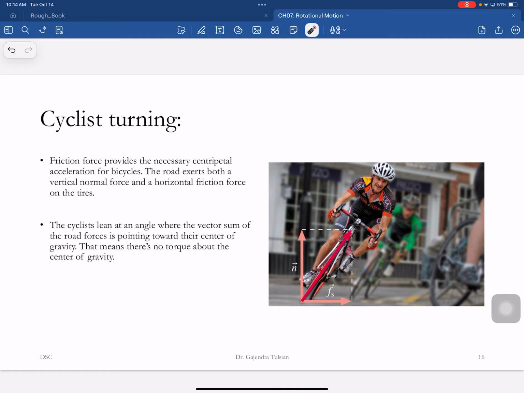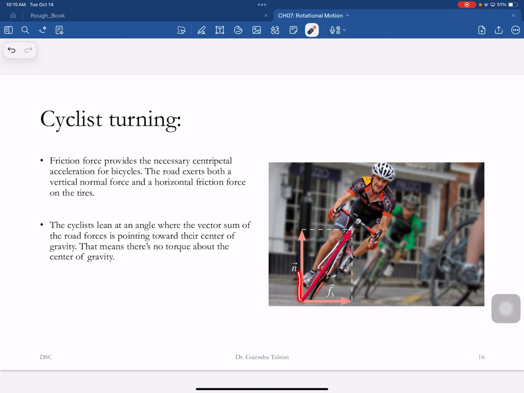All right, so if you want to use a friction force: when you make a turn on a flat road, you have to lean in. So we'll figure out the angle at which you have to lean in.